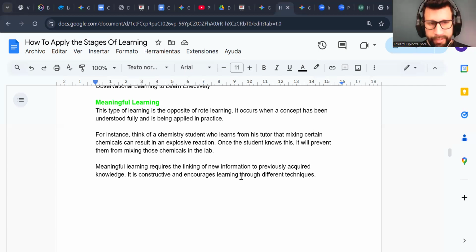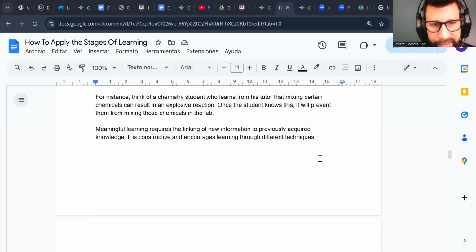Meaningful learning. This type of learning is the opposite of rote learning. It occurs when a concept has been understood fully and is applied in practice. For instance, think of a chemistry student who learns from his or her tutor that mixing certain chemicals can result in an explosive reaction.